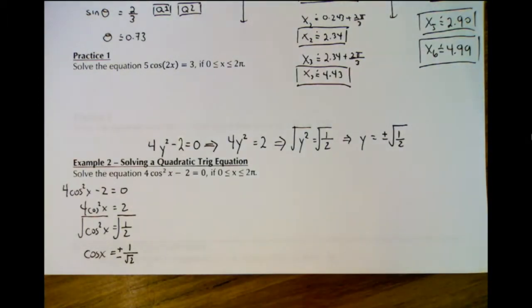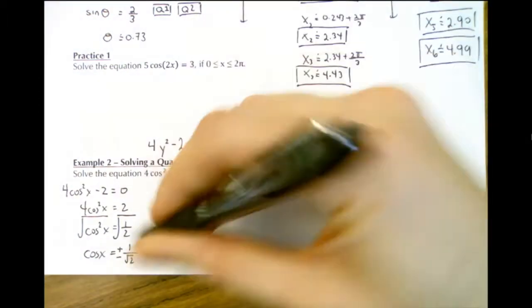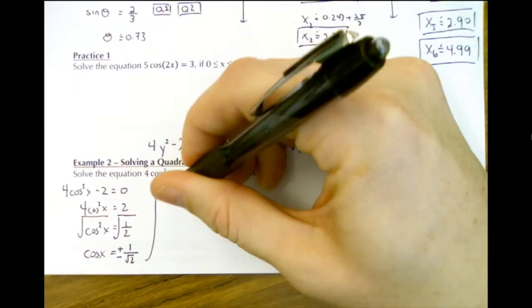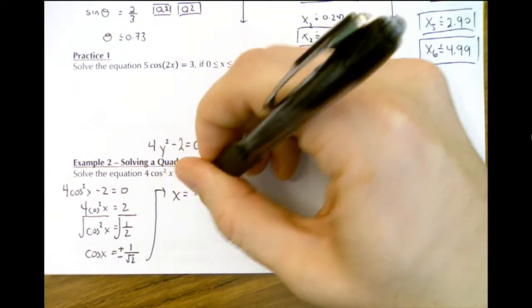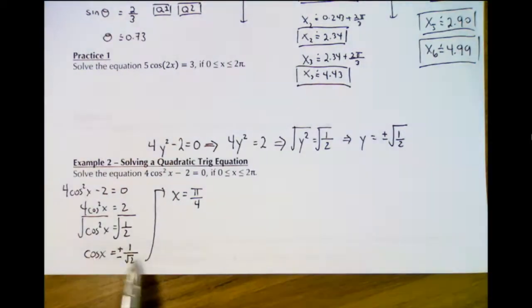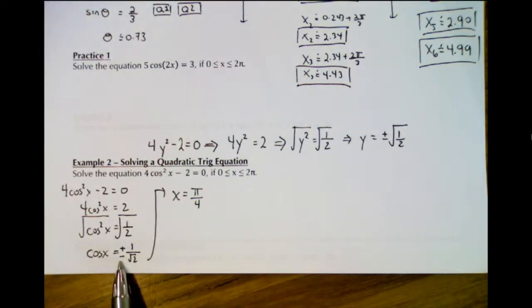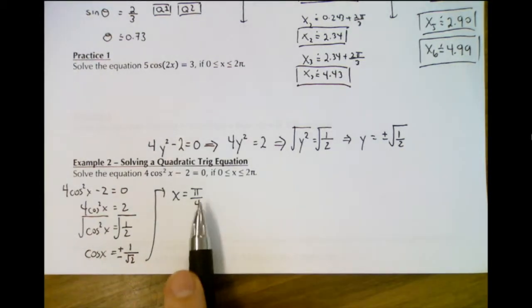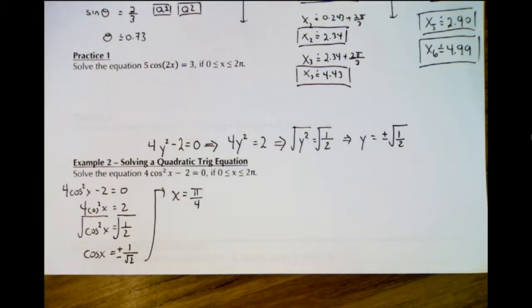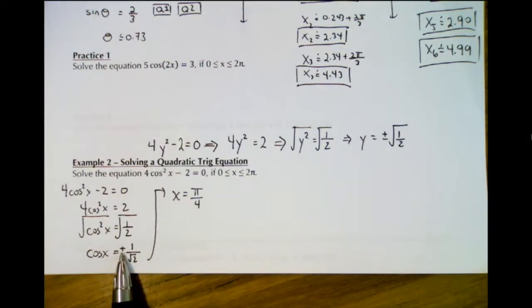Well, it's when x is pi over 4. And if you did cosine inverse of 1 over root 2, or even negative 1 over root 2, you'd get pi over 4. That angle is your reference angle, or your related acute angle, beta, and that's in the quadrants where cos is positive. But in this case, it's positive or negative.